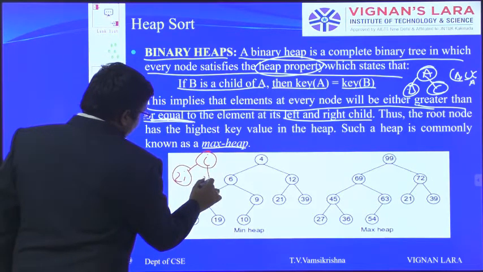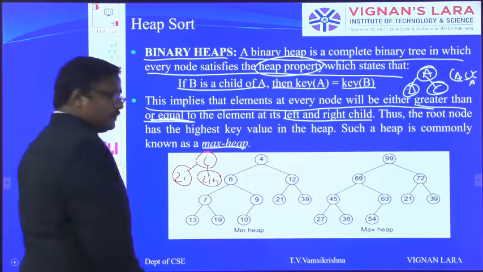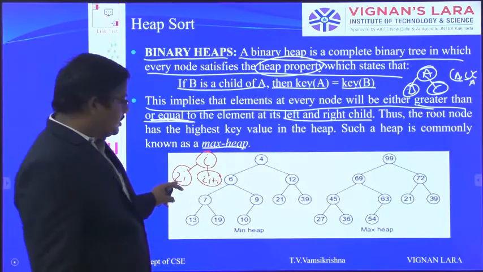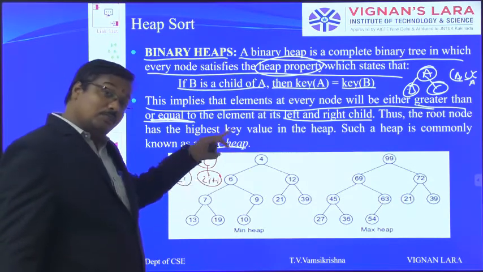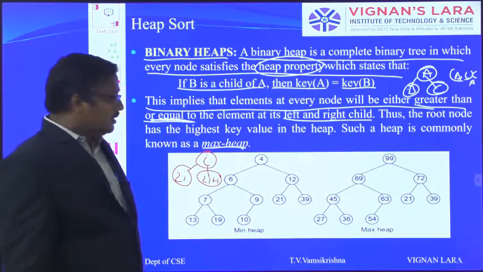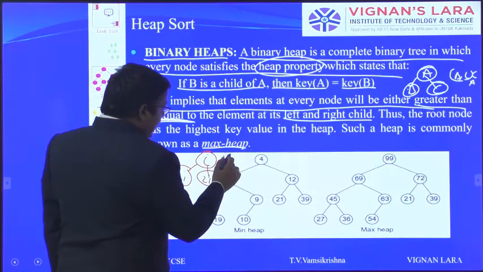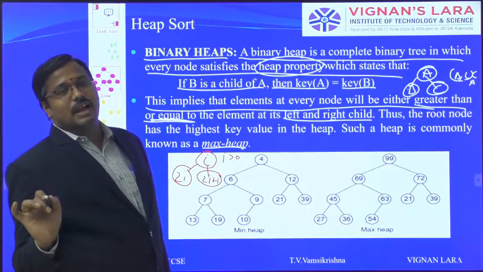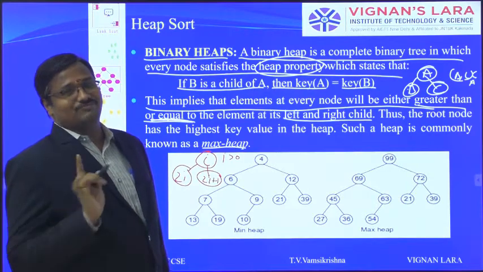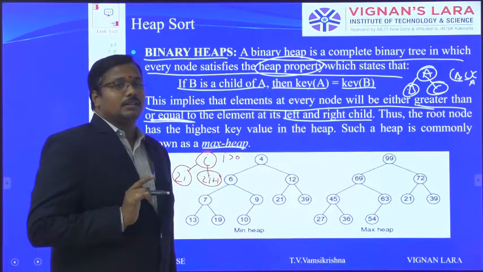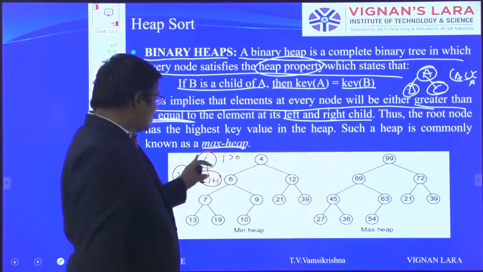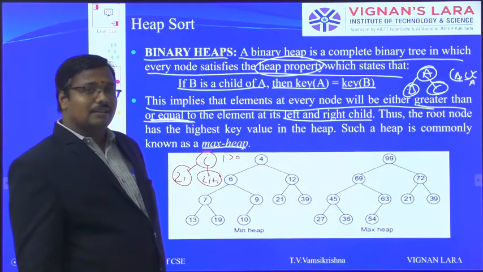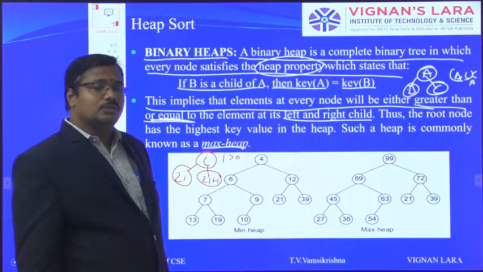In the ith position, the parent node is there. At 2i position, the left child. At 2i plus 1 position, the right child. But here the condition is that the i value should be greater than 0, meaning i should start from 1, not 0. Why? Because if the i value is 0, 2i is also 0. That is the only flaw here, so i should be greater than 0.